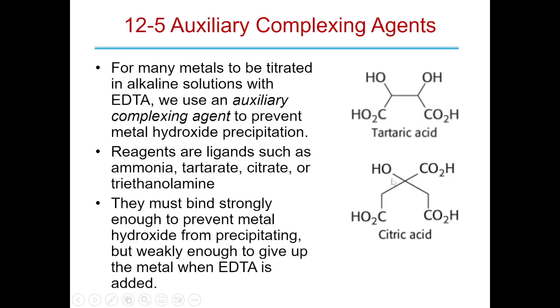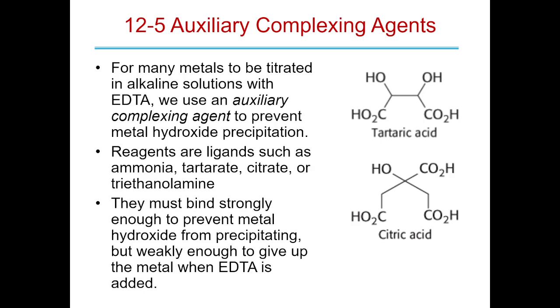Okay, so the reagents are ligands, such as ammonia, tartrate, citrate, or triethanolamine. You'll notice that we'll end up using one of these complexing agents when we do this. If I remember correctly, off the top of my head, it'd be citrate that we use. But it might be triethanolamine, that's a pretty common one too.